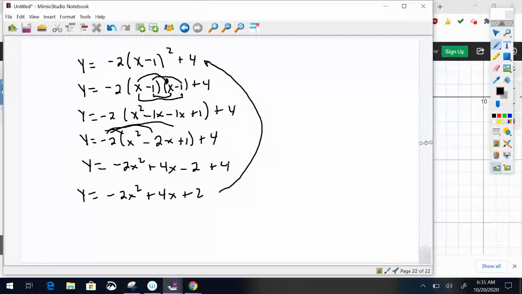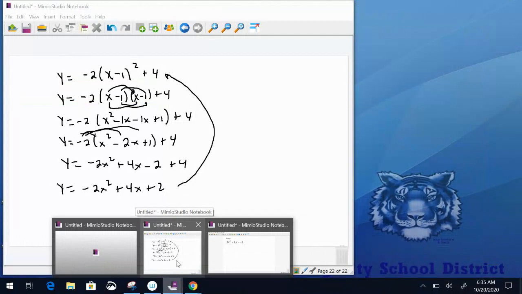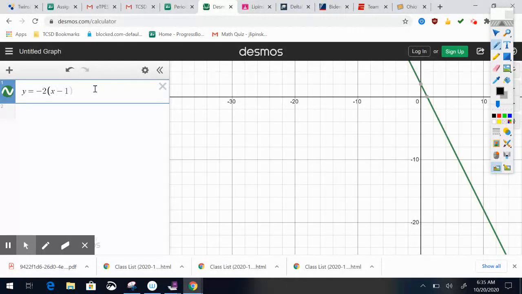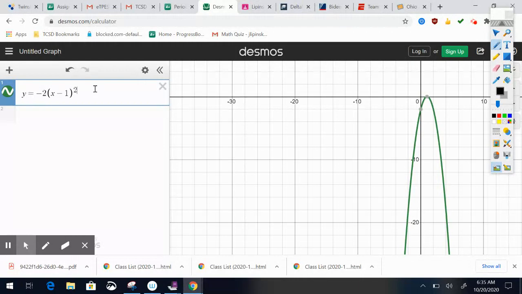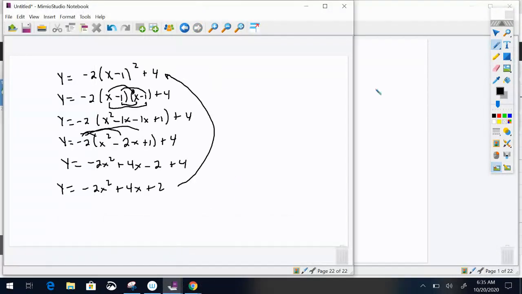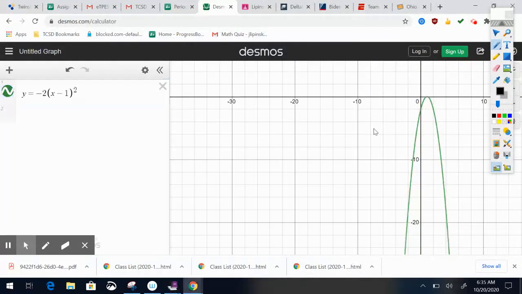So if I go to Desmos, my calculator, and I graph those two functions, which was y equals negative 2 times x minus 1. Make sure when you punch this in, you square this. A lot of students forget to square this right here, and it ends up making the problem incorrect. So negative 2 plus 4.